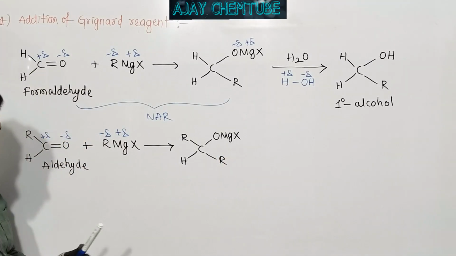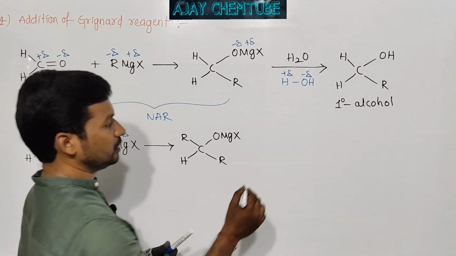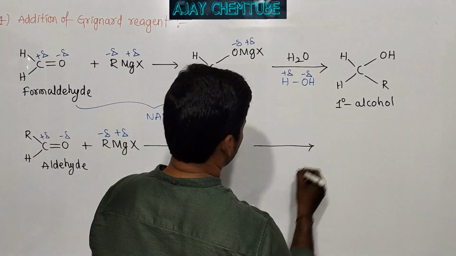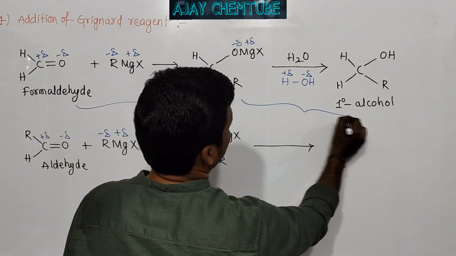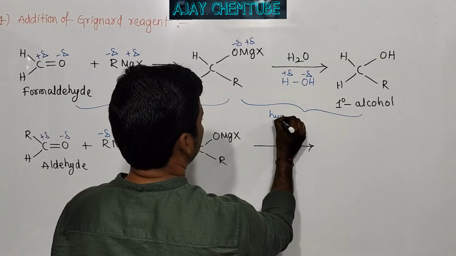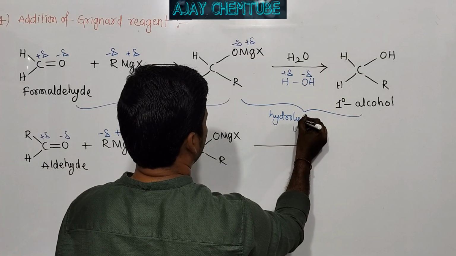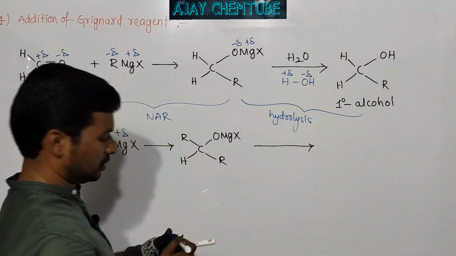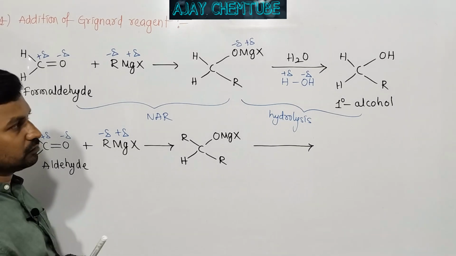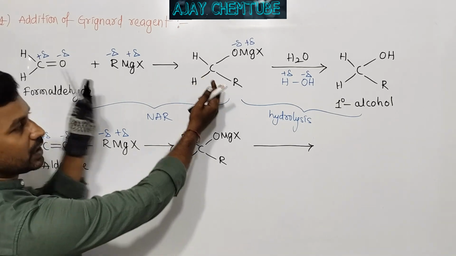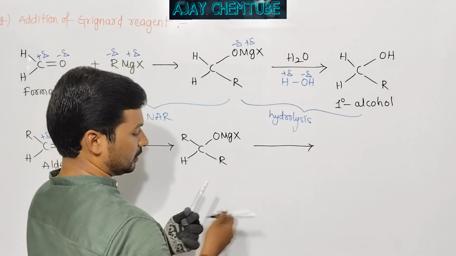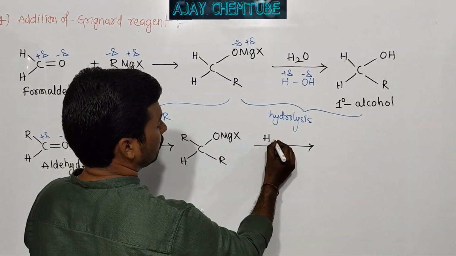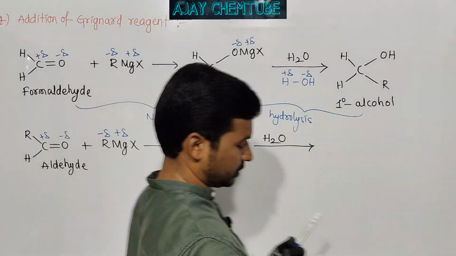So until this, it is a nucleophilic addition reaction. Then it is followed by hydrolysis. Of course, our example is only the nucleophilic addition reaction part, but I am giving additional information so that the reaction will complete. So here H2O, hydrolysis reaction.